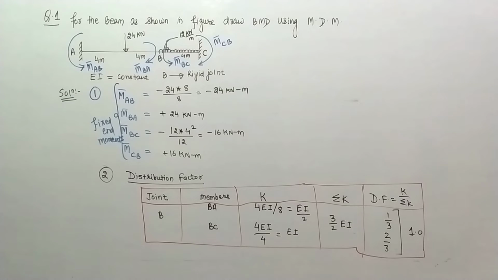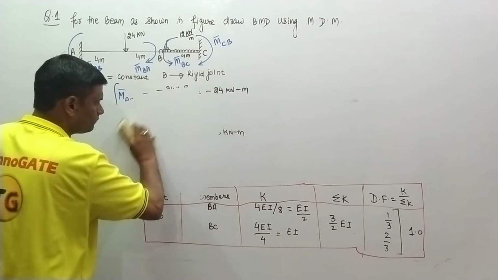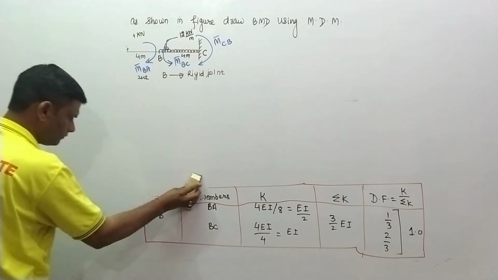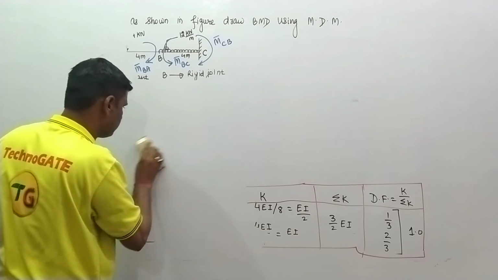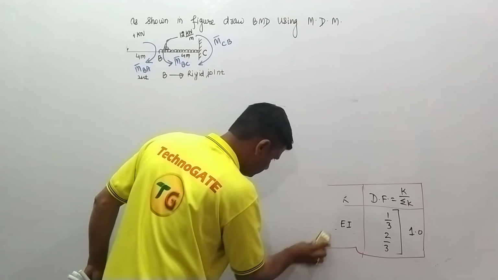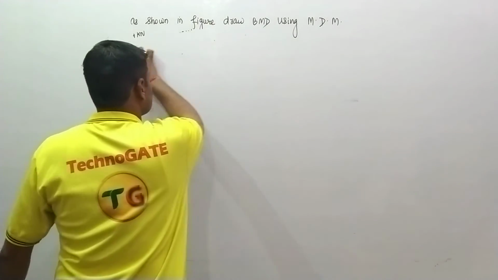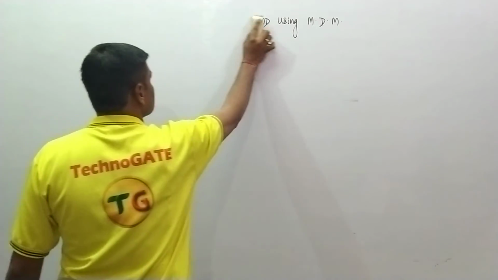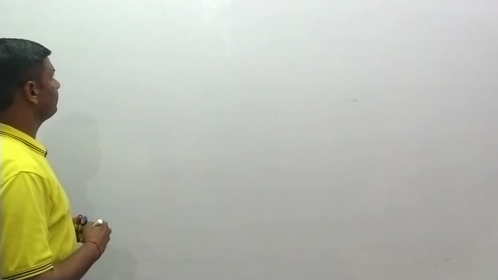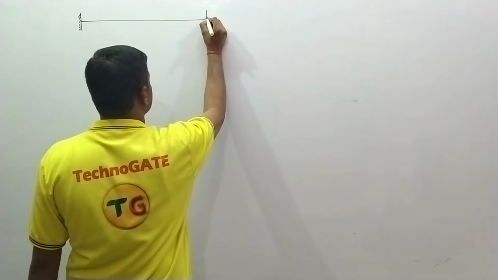Okay, now let's prepare the table. This is our fixed end, and this joint is the rigid joint.